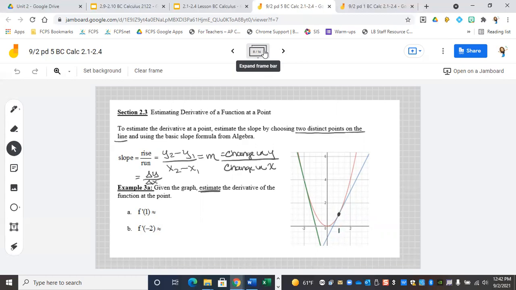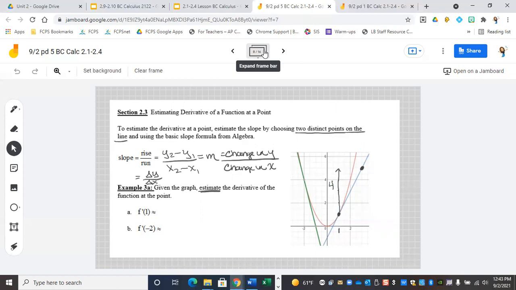So what I want to do is pick a point also on my line. And then I want to calculate the slope of that line. So for example, my rise, when I count up, that's going to be 1, 2, 3, 4. So my rise is going to be 4. Did I count that right?